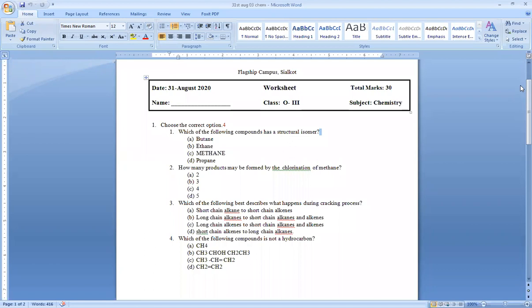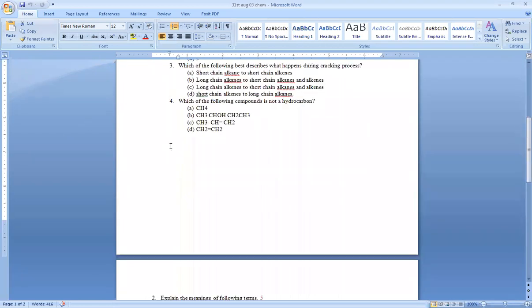The second one is CH3, CHOH, CH2, CH3. Now the third is CH3, CH2, double bond CH2, and the last one is CH2, CH2. Now you have to focus on what the characteristics or properties of a hydrocarbon are, and what is the criteria on which we will decide whether the compound is a hydrocarbon or not. Depending upon those properties or characteristics, you will decide whether the compound is a hydrocarbon or not.